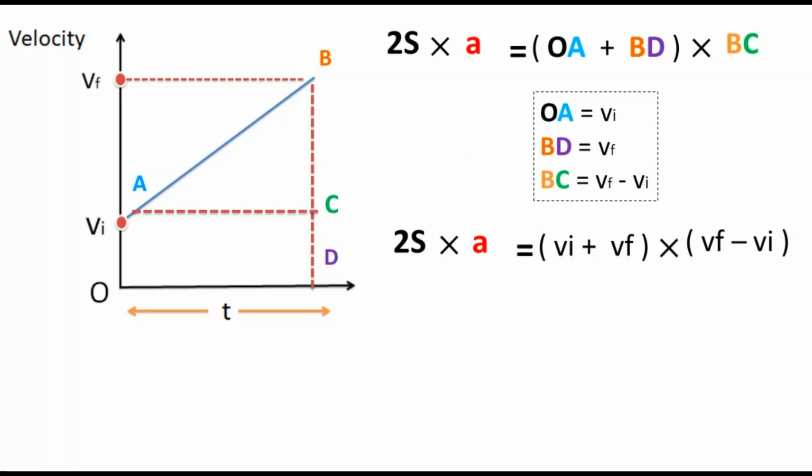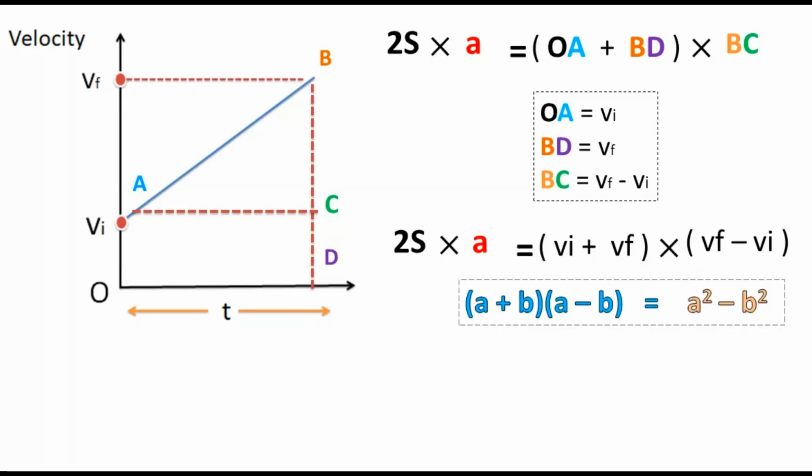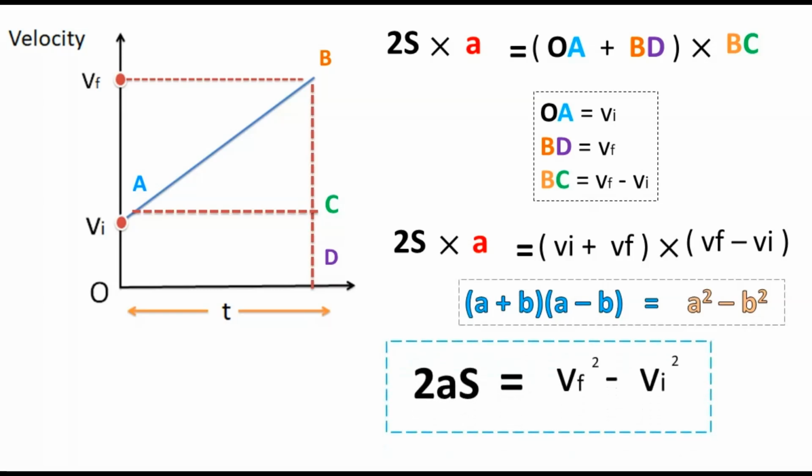If you look closely at this part of the equation, you can see that a mathematical formula can be applied: a plus b into a minus b equals a square minus b square. So by applying this formula, we get Vf square minus Vi square. We can replace this part with this part. Here Vf represents a and Vi represents b. So by applying this formula, we get this equation.